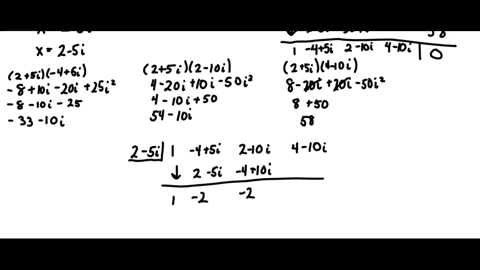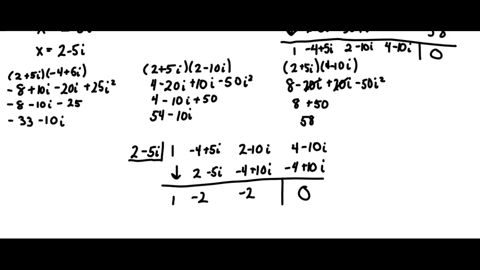Negative 10i and positive 10i cancel out, so we're just left with negative 2 again, which we know is negative 4 plus 10i. And notice that 4 and minus 4 cancel out. Negative 10i and positive 10i cancel out. We're left with 0, and that also confirms for us that 2 minus 5i was a zero.